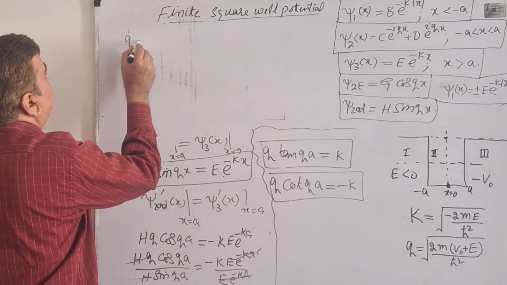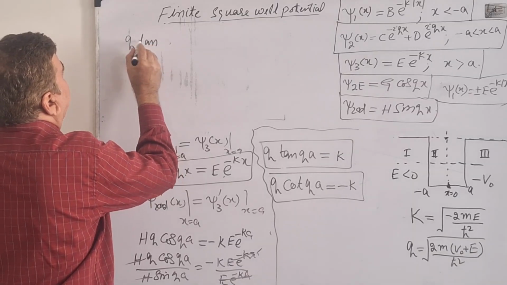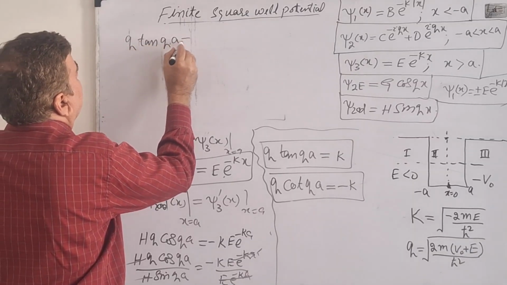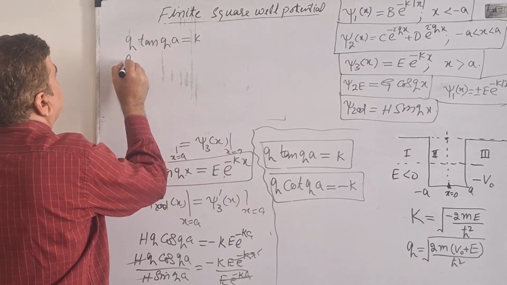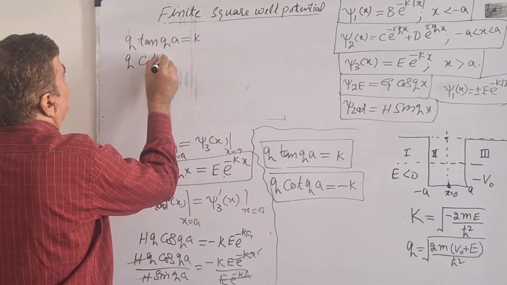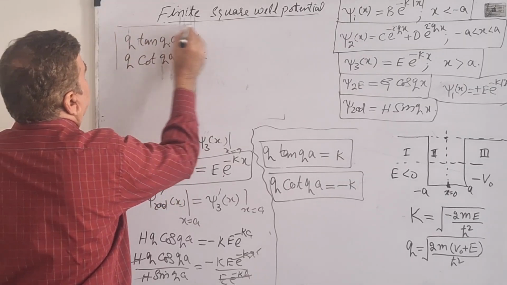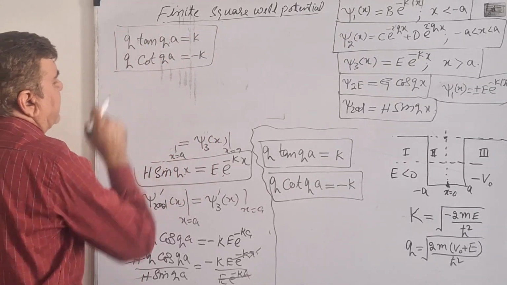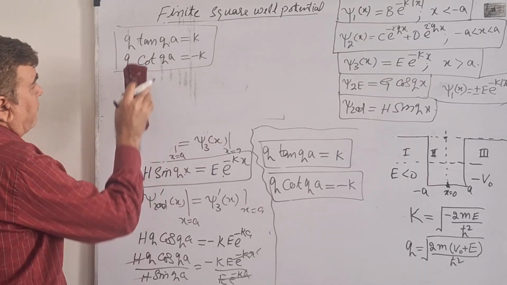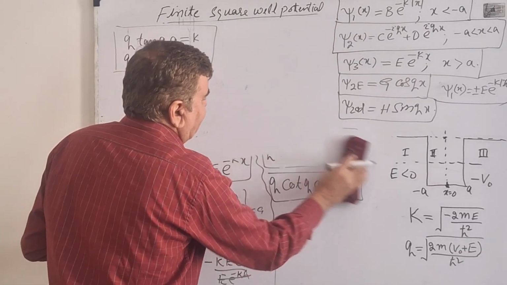I have q times tangent qa equals plus k, and q times cotangent qa equals minus k. So these are the two equations. The tangent one is for even and the other one is for odd. So I remove all these things.